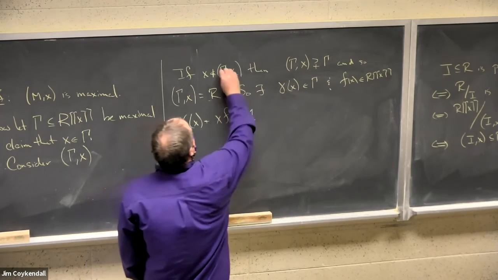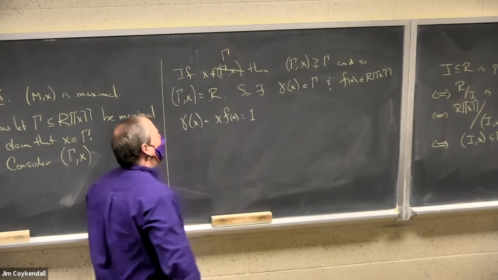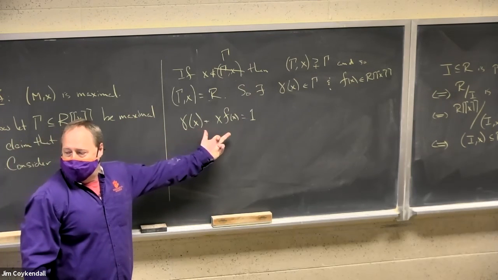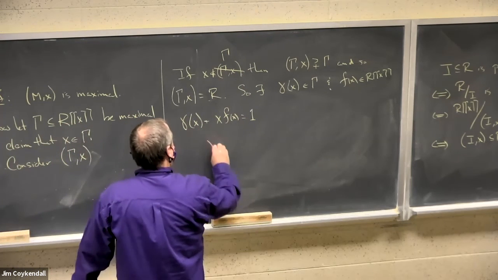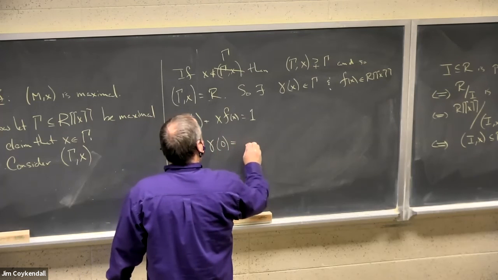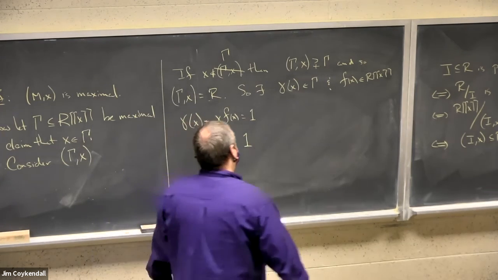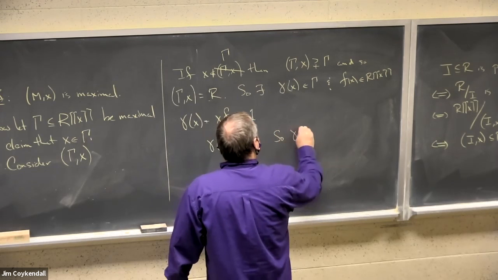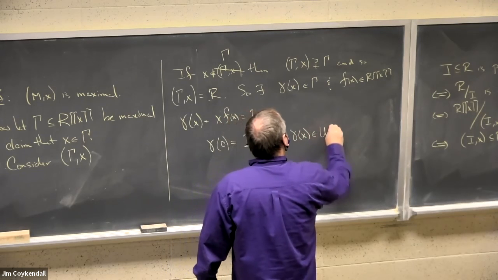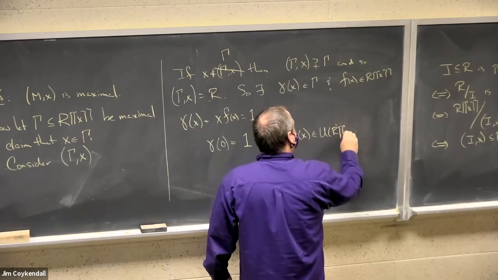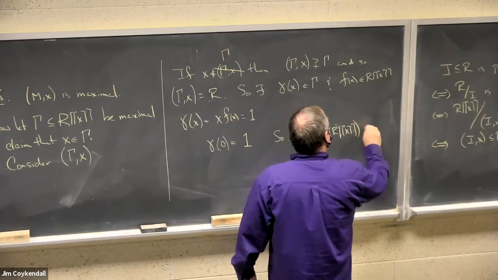Now take this equation and plug in x equals 0, and I get gamma of 0 equals 1. So gamma of x is then a unit in R power series in x.